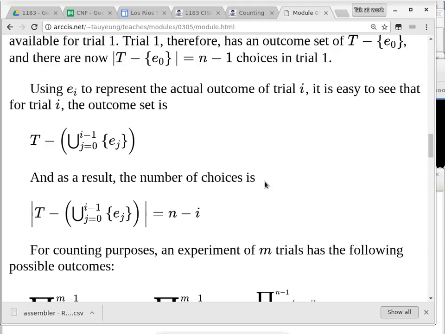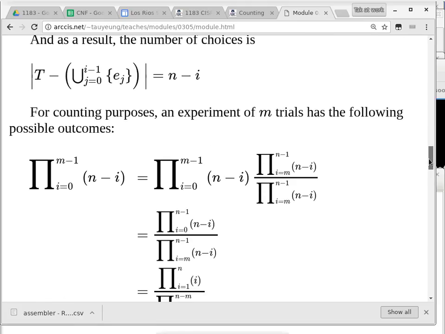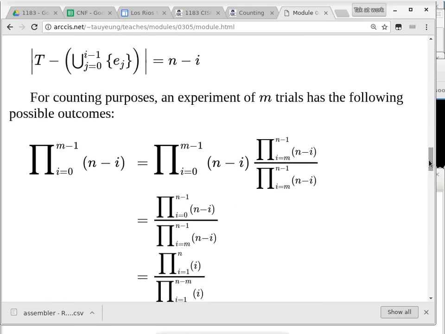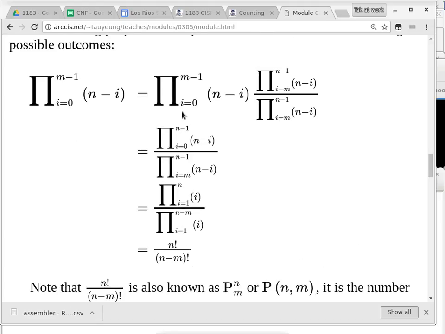So just for counting applications, if you're not really interested in the actual elements and we just want to know how to count this, then at the end of the entire experiment, we are talking about m trials in an entire experiment, and they start with n elements or n possible outcomes initially.